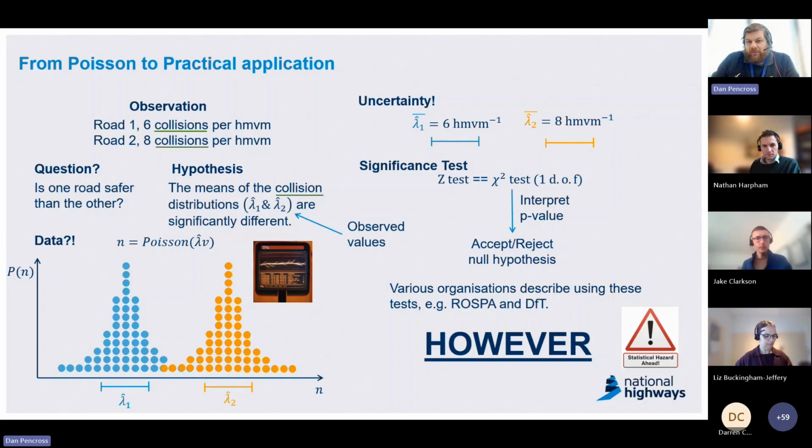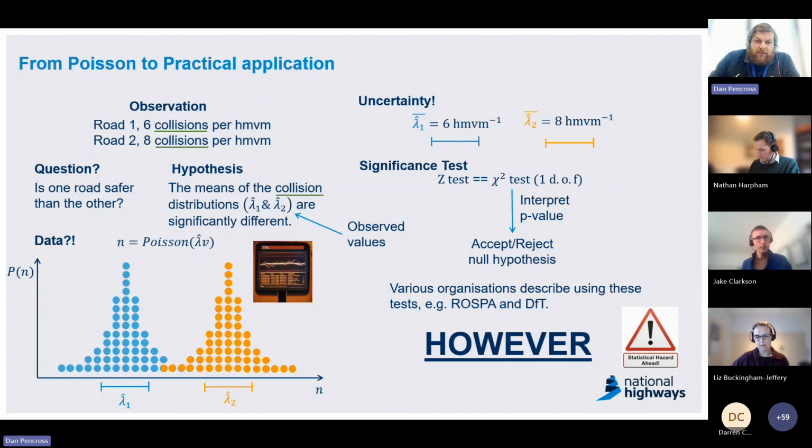There is, however, a statistical hazard. We've been talking throughout about collisions, but there is another step in the process where we want to learn about the uncertainty in casualties as well, and that poses a problem.